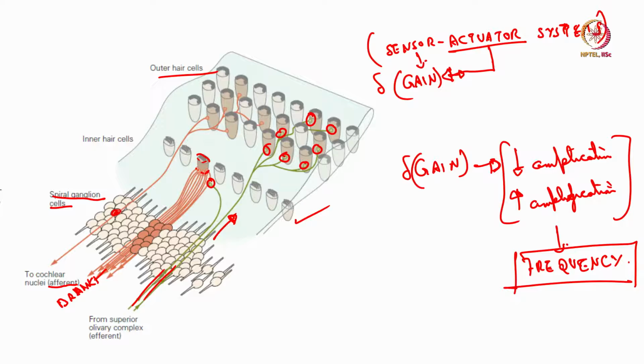So, that is the idea. You can actually change the gain and then you can select certain frequency, you become deaf to something. So, it has got a biological construct.